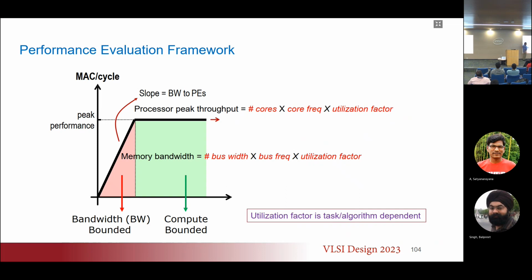But my memory bandwidth may be here. Okay, so as I increase my memory bandwidth, which is the bus width times the bus frequency times the utilization factor, then if I plot that, in this part it says I'm memory bandwidth limited, and I don't have enough memory bandwidth to support my computation.